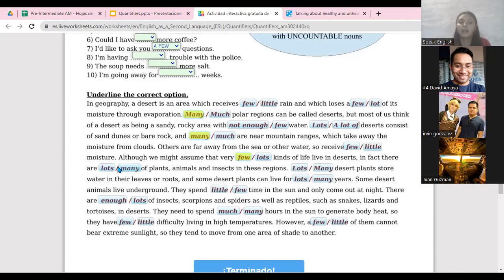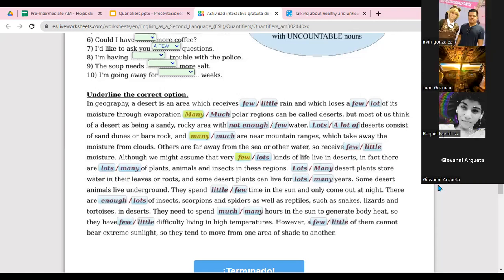We say lot of. So we use lots of, because we have here of.